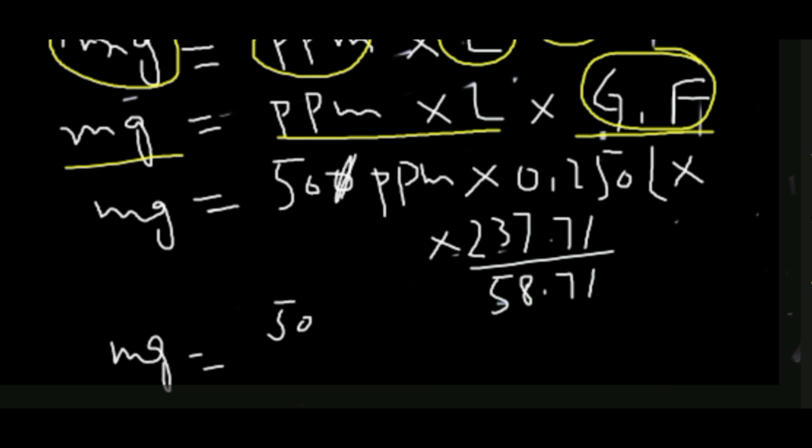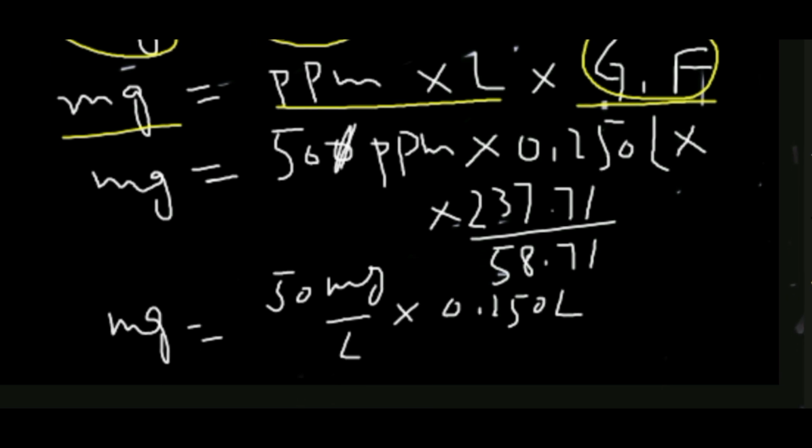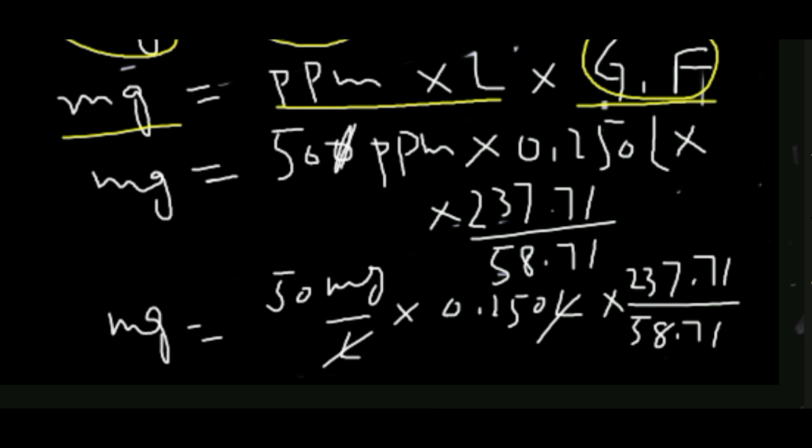So 50 ppm is equal to milligram per liter. So this is 0.250 liter, and liter and liter will be cancelled. So we have a unit of milligram, and the gravimetric factor 237.71 divided by 58.71.